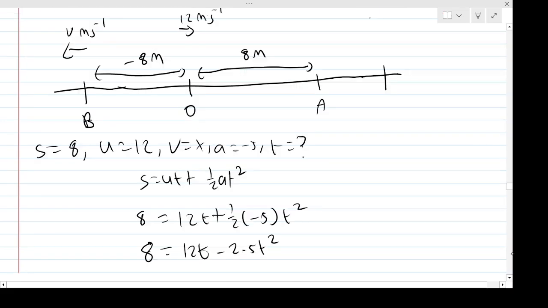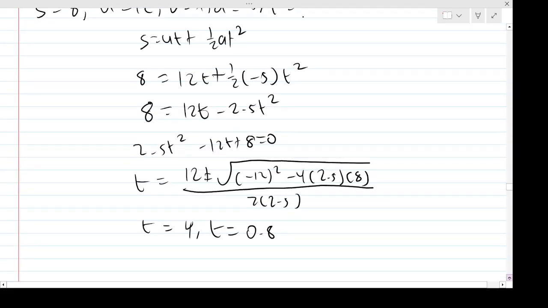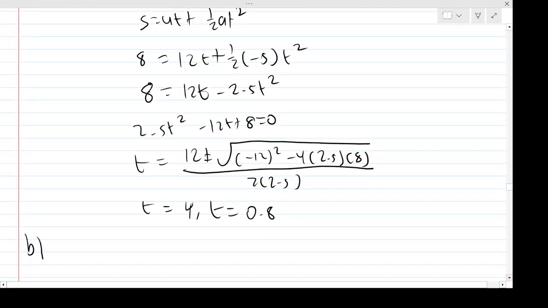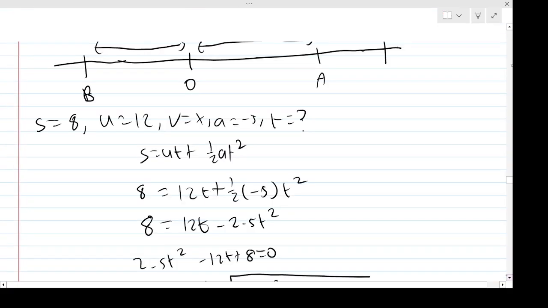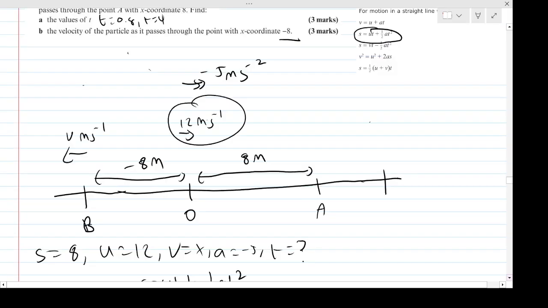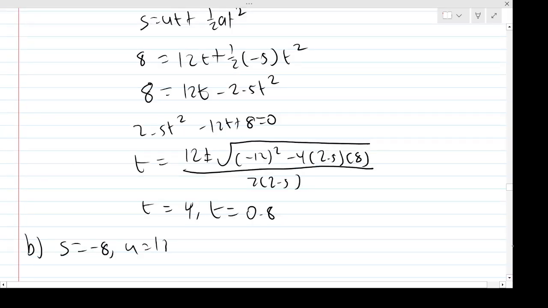So my displacement for my SUVAT is -8. u, my initial speed, is 12. My final velocity, that's what I want to work out. a, my acceleration, is -5, and I don't care about t.